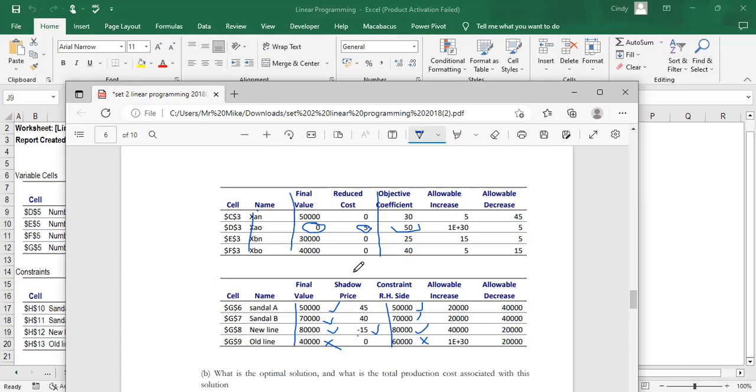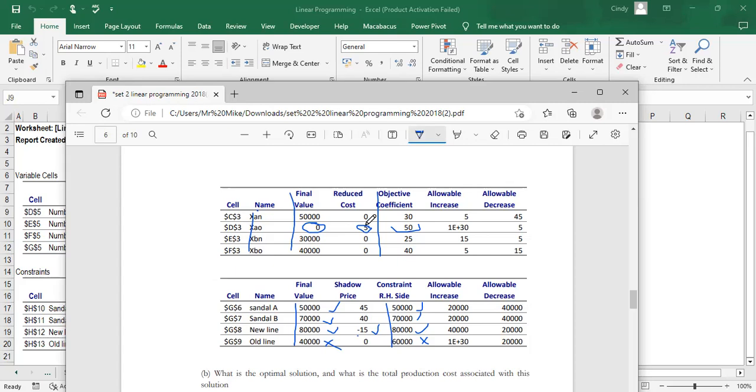This reduced cost refers to the opportunity costs for these quantities. So the zero means it has no opportunity cost. These ones also have no opportunity cost, but this one has an opportunity cost of 5. That means in order to gain a value for this product, that's sandals A on the old production line, then we need to forego something.